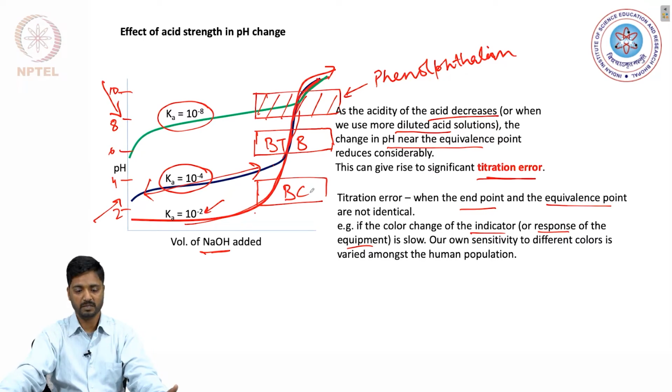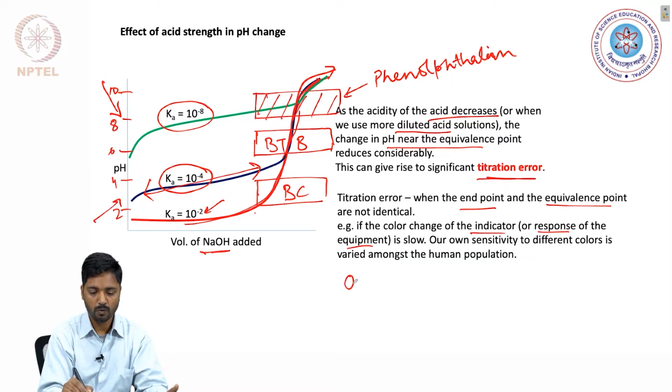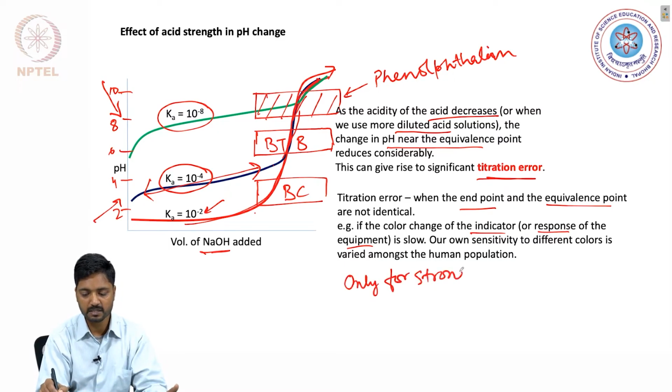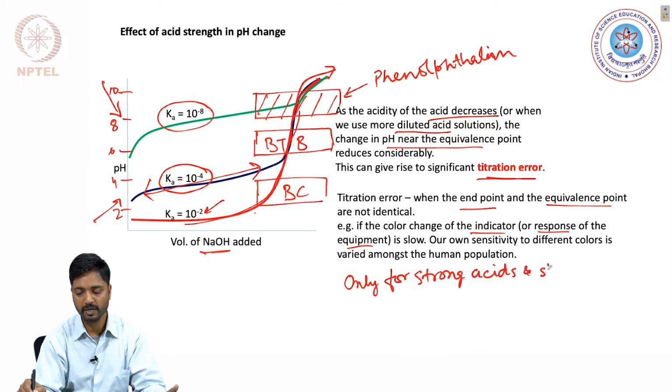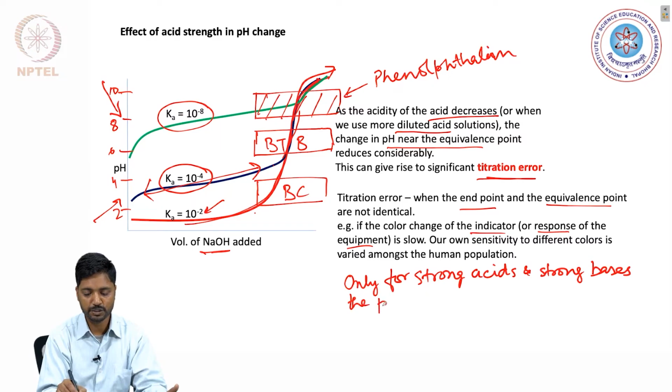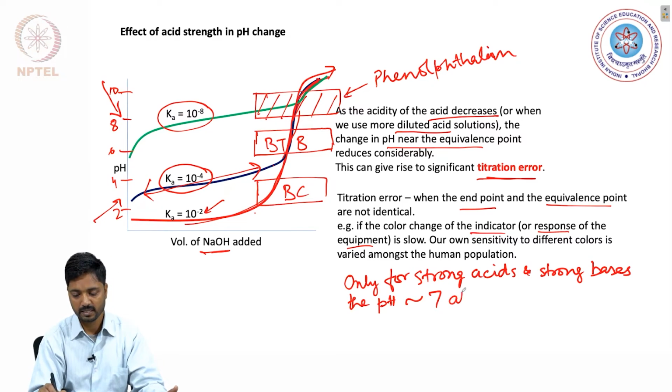Now, one very important point to remember here is that only for strong acids and strong bases, the pH is close to 7 at equivalence point.